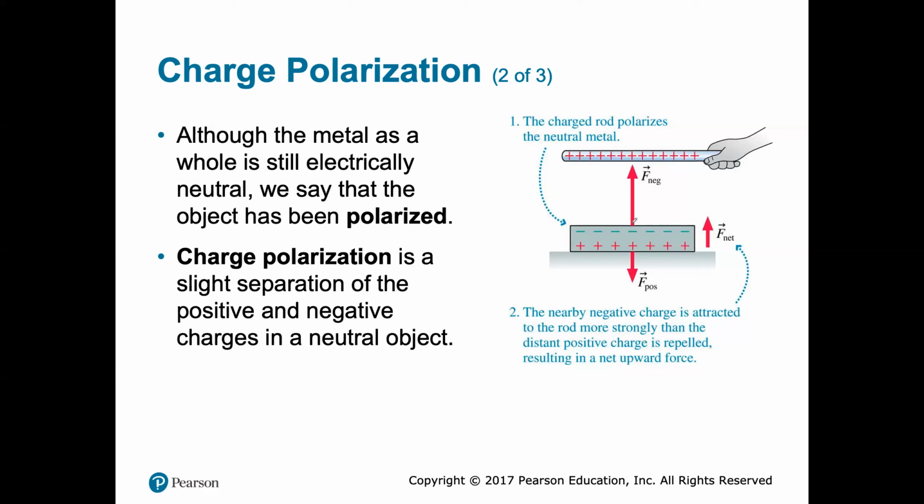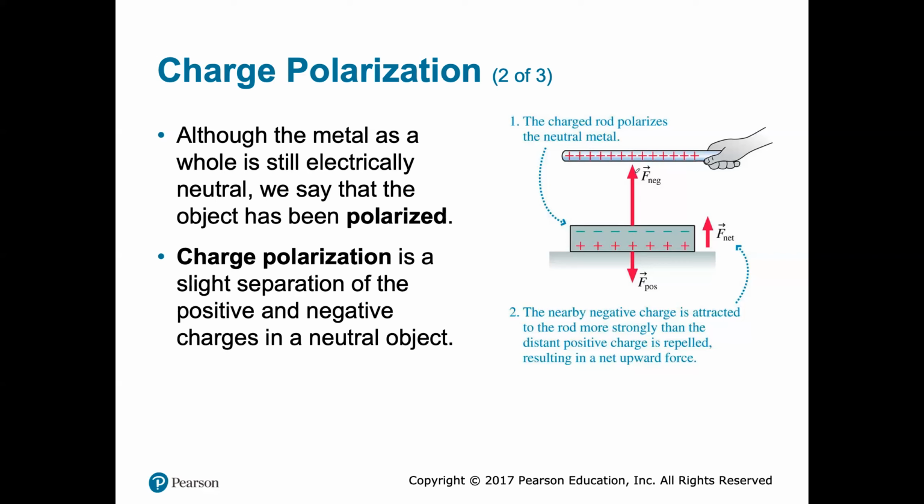Then, due to this distribution, we call this a polarized piece of object. Due to the distribution of the charges, the attractive force becomes bigger and the repelling force is smaller, because the distance between negative charge and positive charge is shorter, and the distance between positive charge and positive charge is longer.